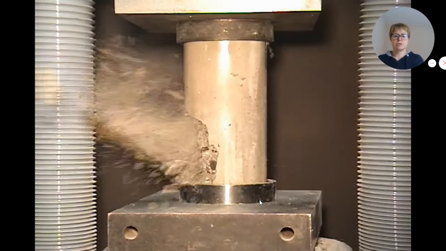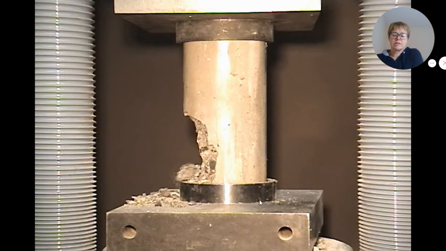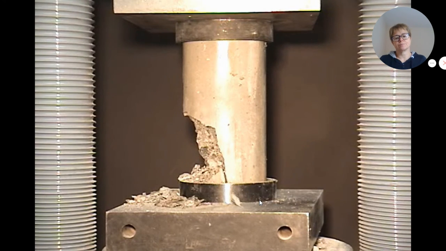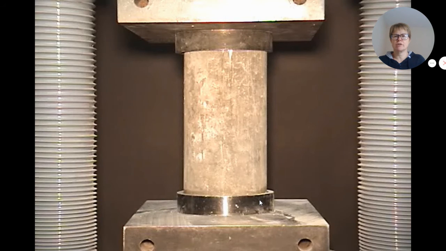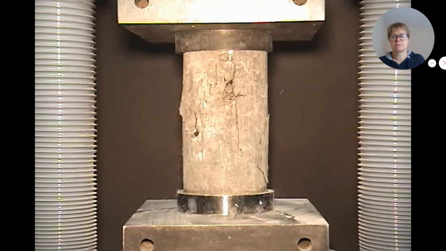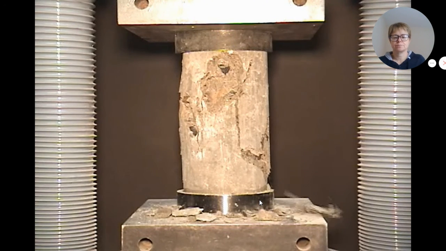So this is looking at the strength of concrete that's older. Sorry, it was younger. They started at 28, then 21, now 7.